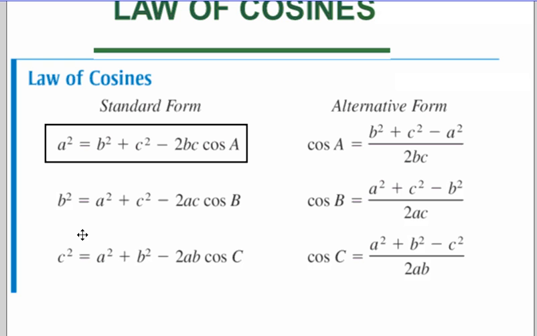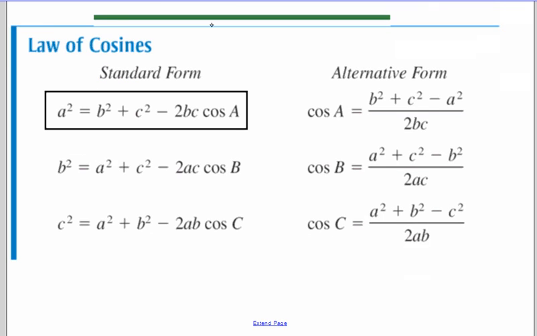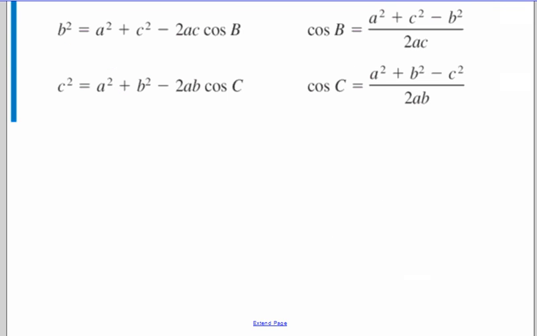But if it's not a right triangle, the law of cosines tells us we can take any side and square it. That's going to equal the sum of the other two sides squared minus twice the product of the other two sides times the cosine of the angle in between them, or opposite the side we put by itself.